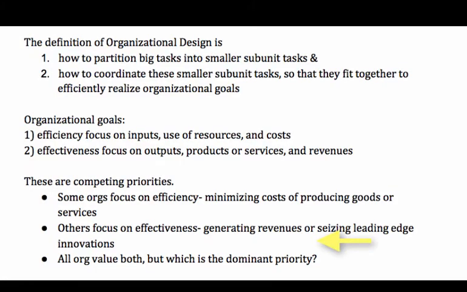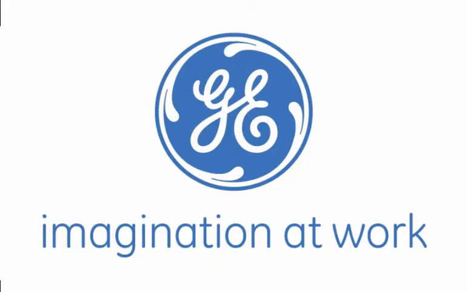Other organizations focus on effectiveness, where they're interested more in maybe quality of products, really being the first mover when it comes to innovation. So efficiencies are not necessarily what they are going to be worried about, especially when they're competing in a fast-moving industry. An example of an organization that really focuses on effectiveness is going to be GE.